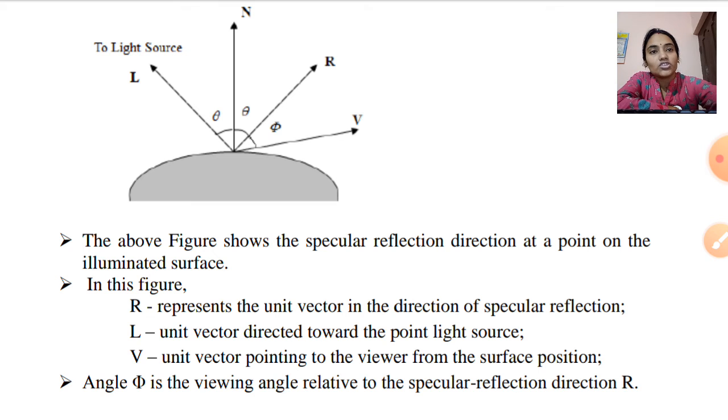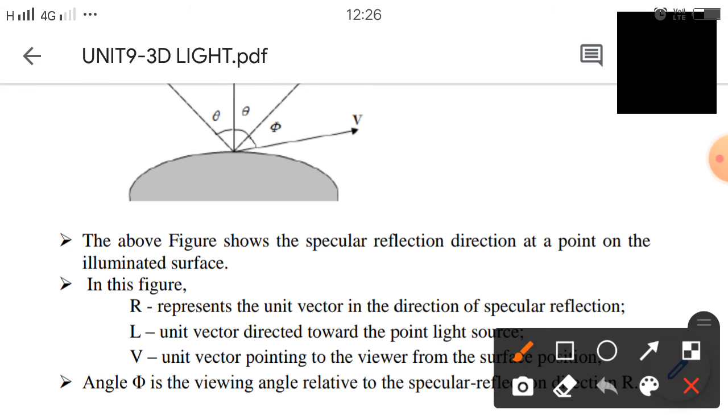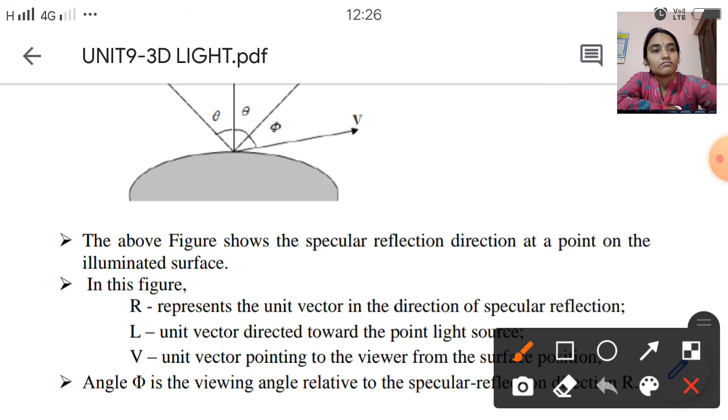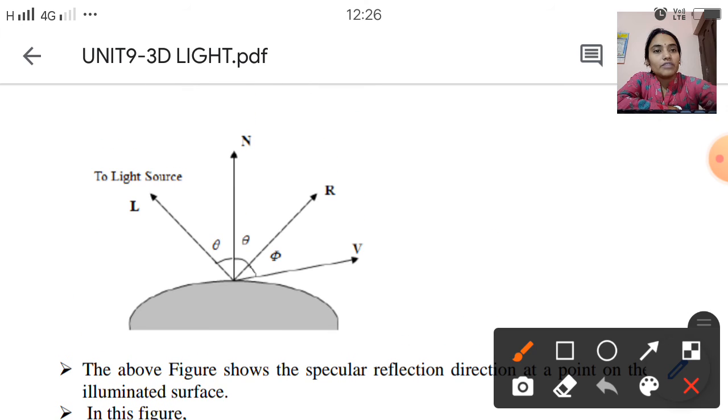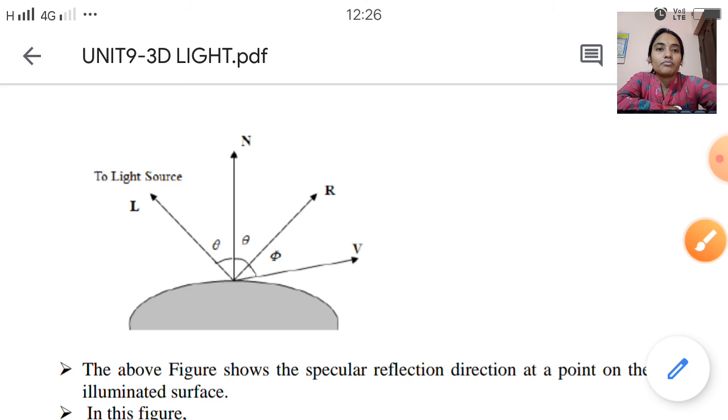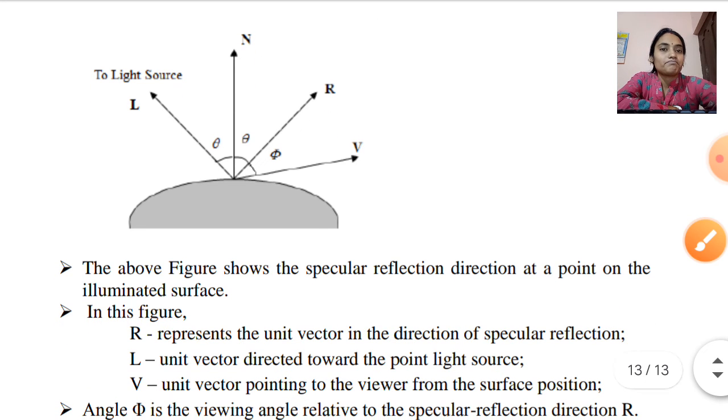That means the person is standing here. The light comes from this source, and the light is reflected in this direction. Okay, and R is the reflected direction.